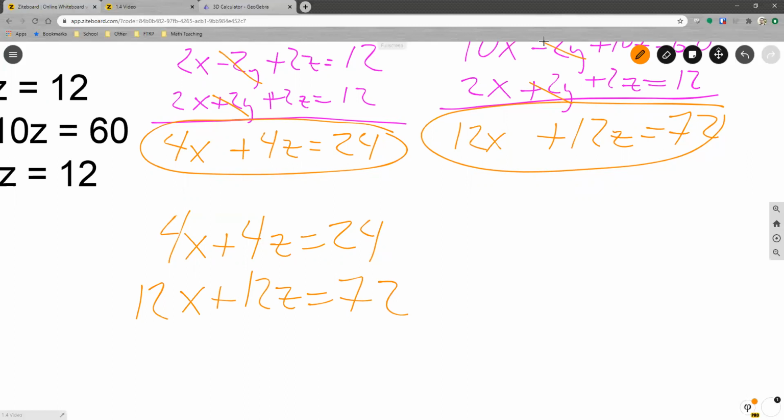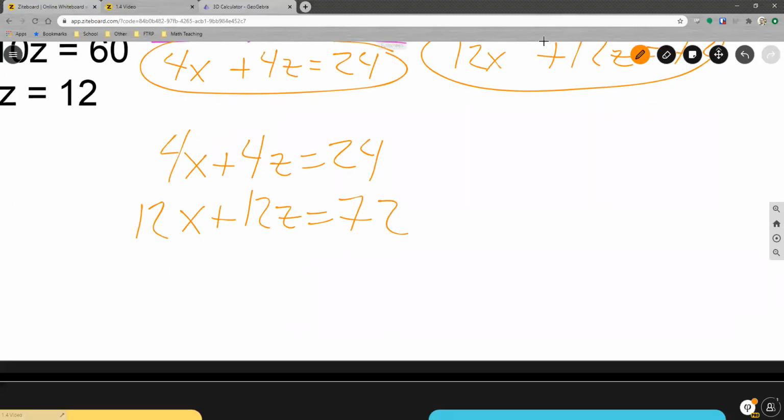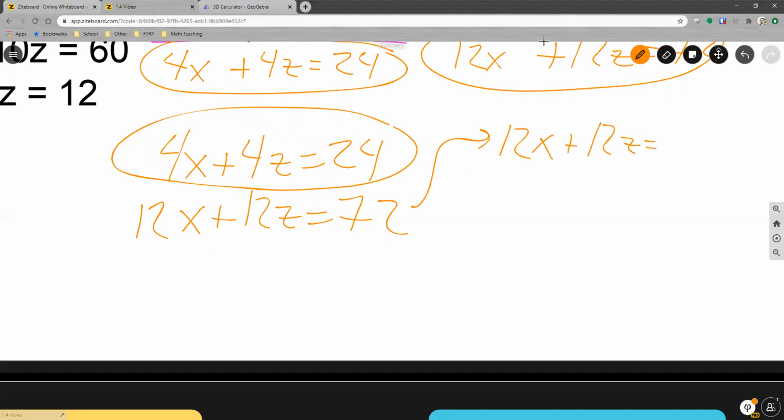So my new system is going to look like this. 4x plus 4z equals 24, and 12x plus 12z equals 72. Well, I'm trying to eliminate another variable. I've got 4's on one equation, 12's on another. Well, I know that 4 times 3 is equal to 12. So if I multiply the first equation by negative 3, I should get an equation that'll work nicely. So I'm going to stick this guy up top. 12x plus 12z equals 72.